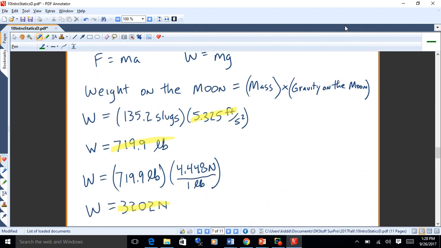So to find the weight on the moon, I take the mass times the gravity on the moon. Okay with that?